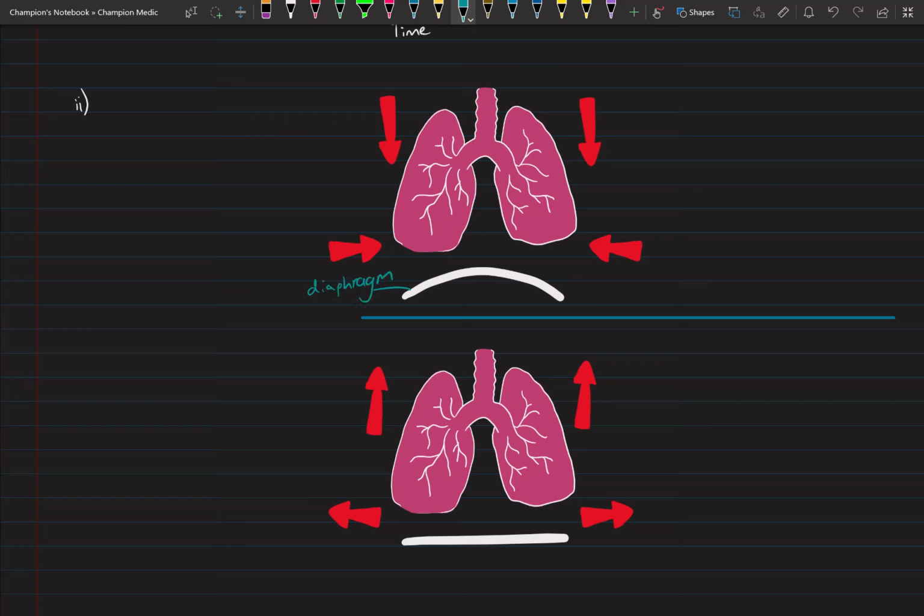That's why it's got the dome shape. So diaphragm is relaxed, and that decreases the thoracic volume, which means there is a higher pressure inside the lungs. So this has high pressure, and air will rush out.